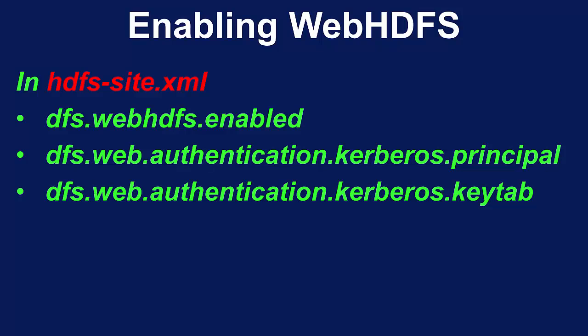So the three parameters are dfs.webhdfs.enabled. This can be set to true or false, and essentially that enables or disables things. And then you have two Kerberos authentication parameters. One is a principal and the other the keytab, and this is more if you want to turn on the security and something a system administrator would do.